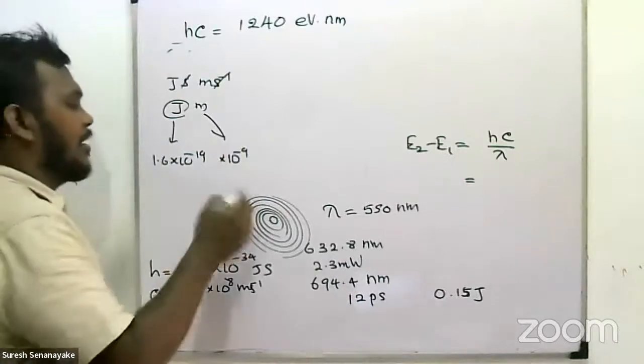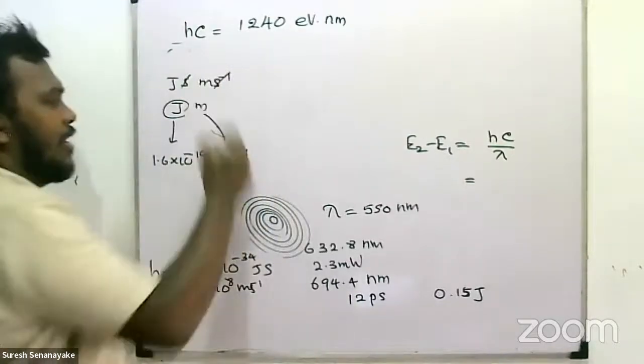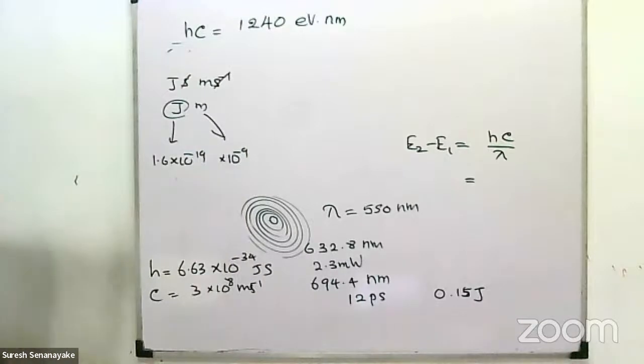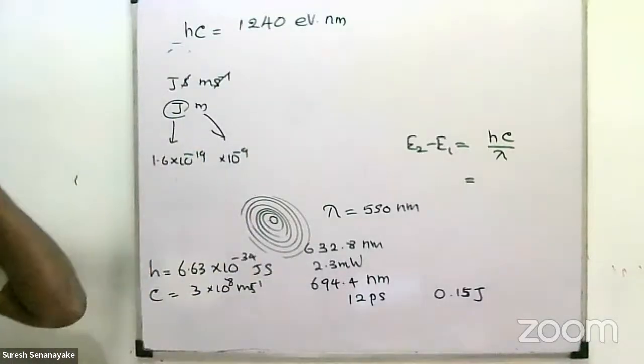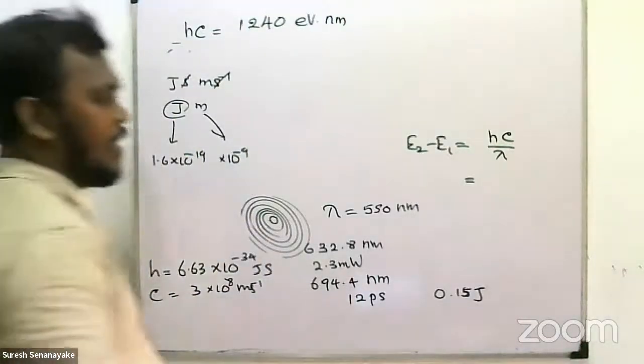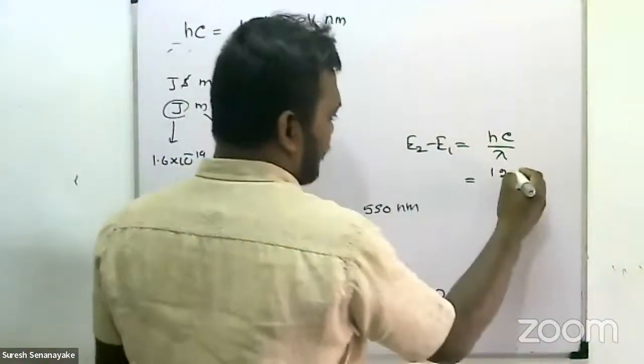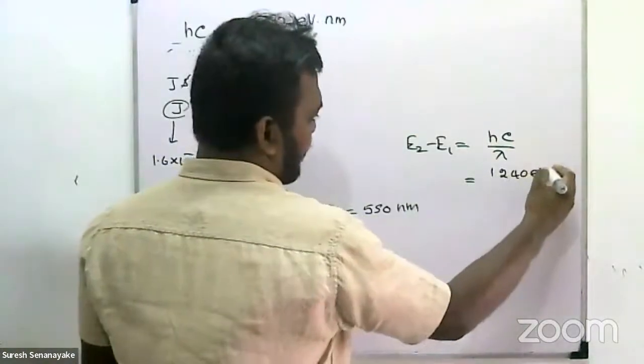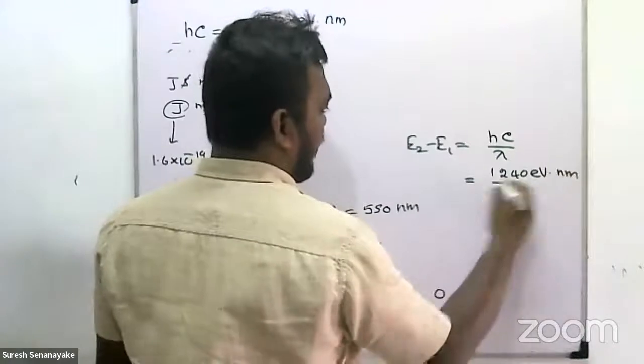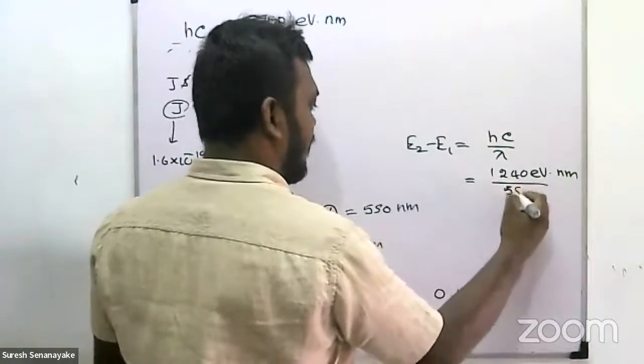Simplifying, it comes like this, eV nanometer divided by 550 nanometers.